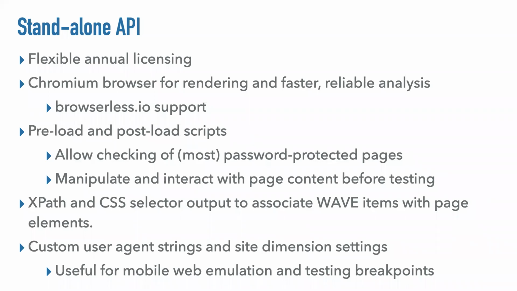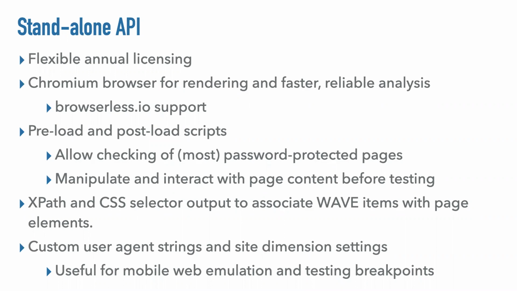Internally within the API engine, there's a Chrome browser. So as with the other versions of WAVE, it fully renders and builds and generates that final page and then conducts that accessibility testing. So again, you're not just looking at code, you're looking at an actual living web page or web application. The API has support for browserless.